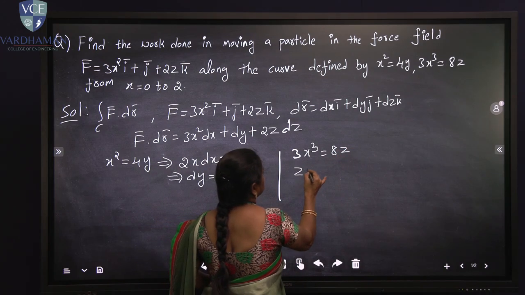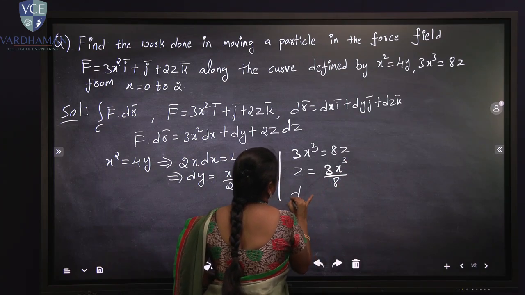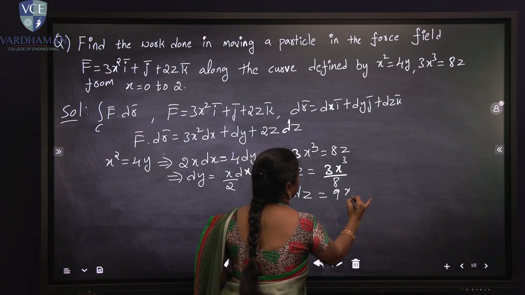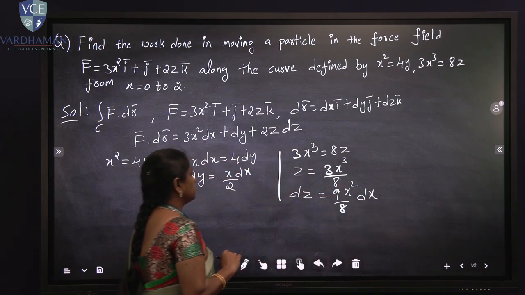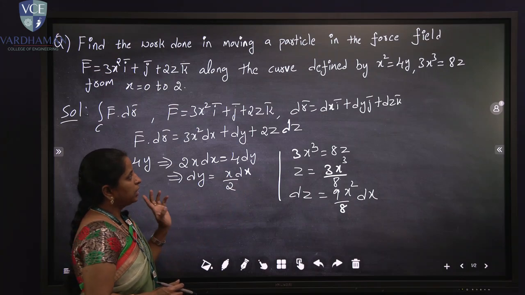So, from this z equal to 3x cube by 8. If we do the differentiation, dz equal to 9x square by 8 dx. So, we have converted y and dy, z and dz to x terms.